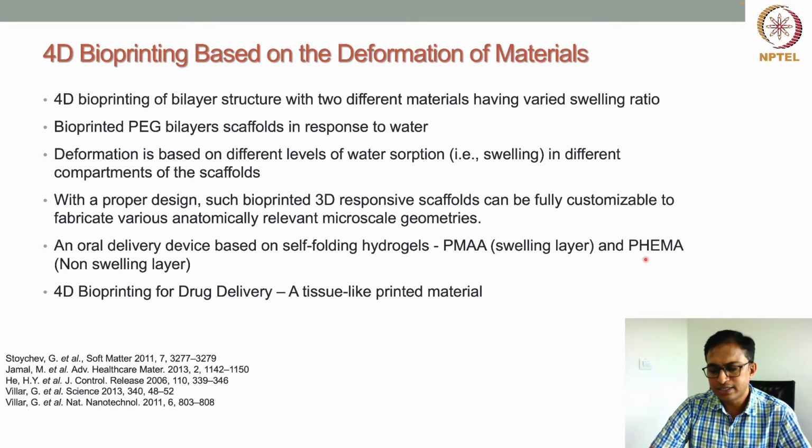Now let us discuss a few examples of the 4D bioprinting process, and how we can use different types of materials for 4D bioprinting. Here we can use certain types of responsive biomaterials, or smart biomaterials.